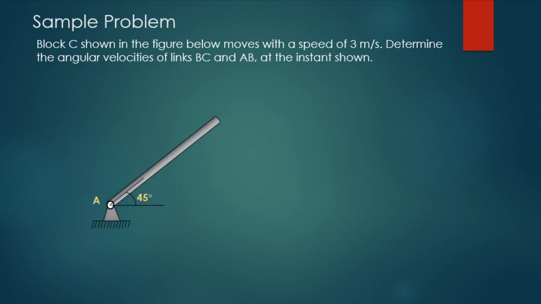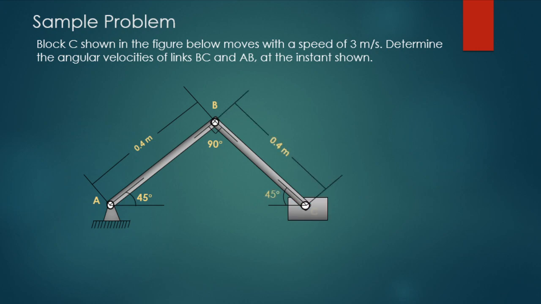At point A, we have 45 degrees. Link AB has a length of 0.4 meter, and link BC we have 0.4 meter also. The slider C is at 45 degrees.